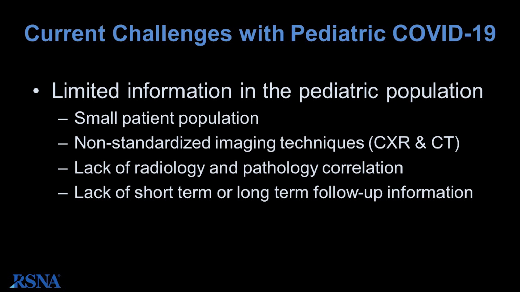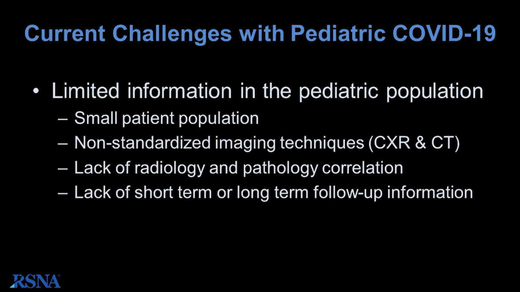There are a few challenges that need to be considered when looking at what we know about pediatric COVID-19 so far. First, there have only been a small number of reported pediatric cases in the literature, and the imaging studies across the literature have been performed often with non-standardized technique across multiple different countries.